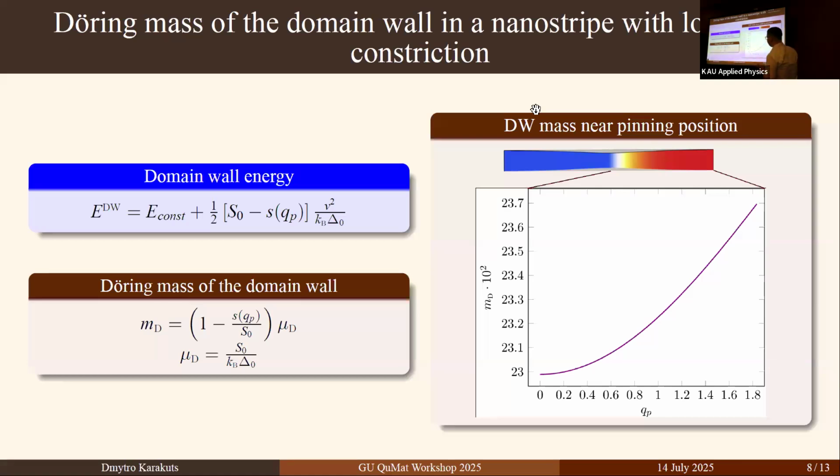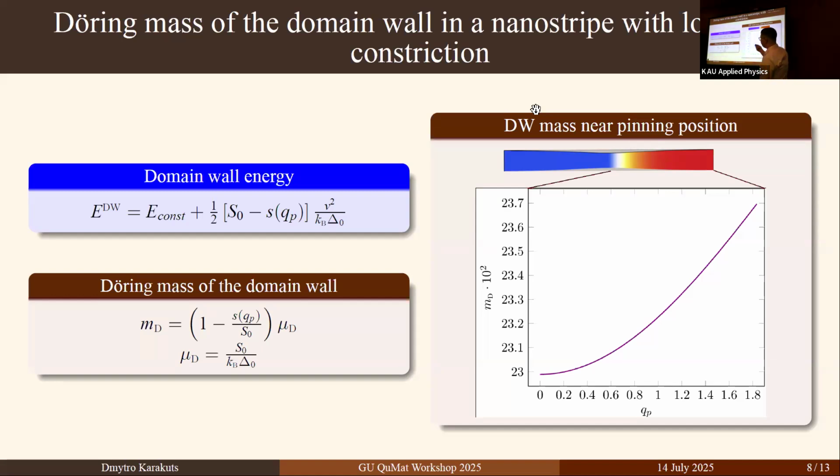We have also shown that the domain wall mass is affected by the cross-section variations, namely the domain wall inertial mass, which is explained here. As you can see, domain wall energy has two components. First is constant, and the second one is shown to be dependent on the square of velocity.